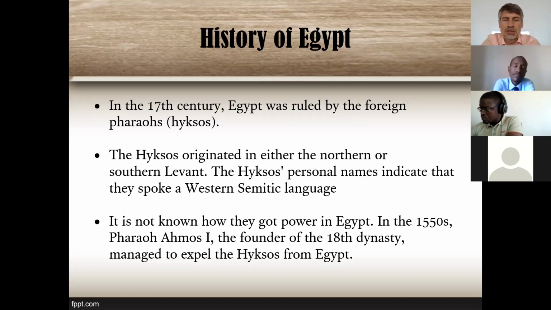Do you see, if the Hyksos were of Semitic origin, and Joseph was of Semitic origin, it is clear why Pharaoh was very good to Joseph and to his family when they came down to Egypt. He gave them the best land, and he accepted them very, very well.